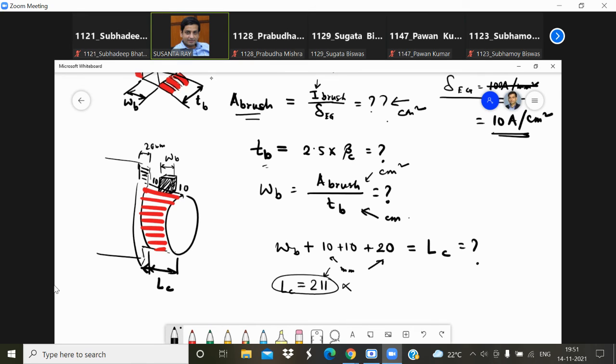I-brush is one. Armature current is 287 in total, and it should be divided by poles. That would come to 71.